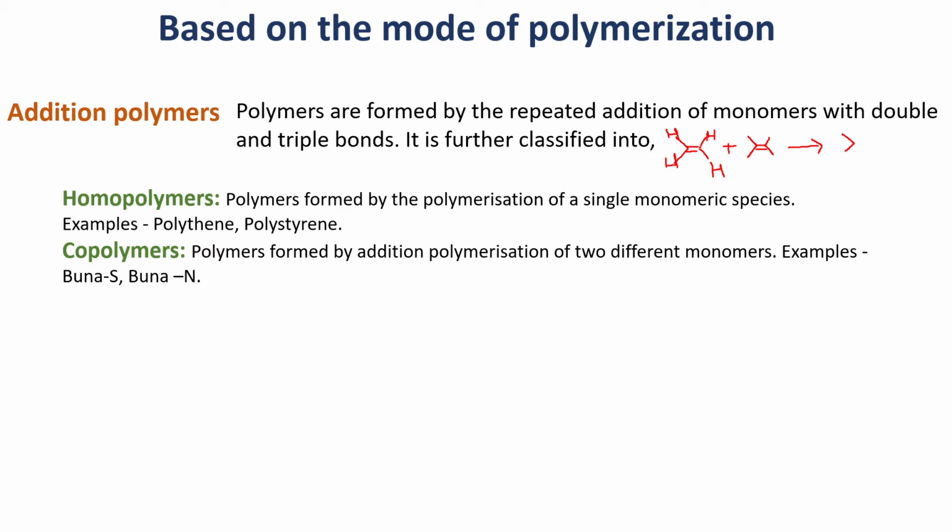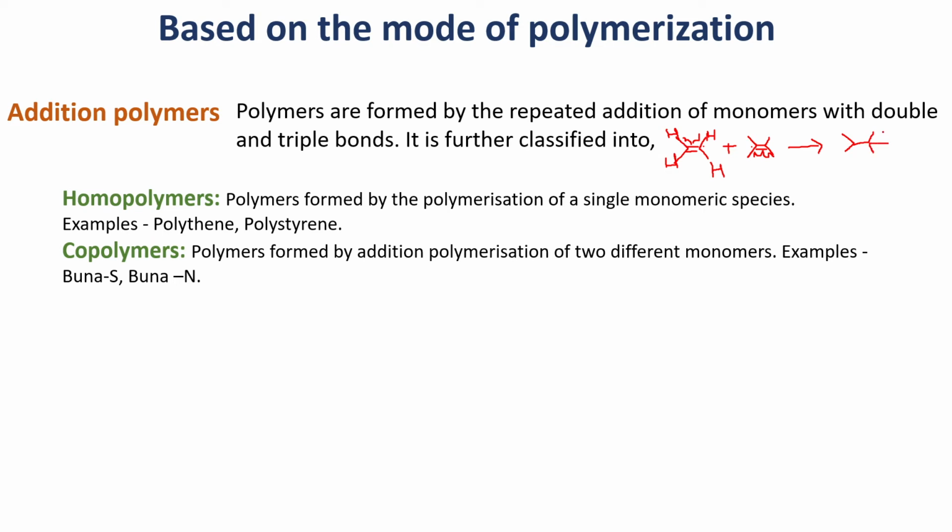How will this combine? In addition polymerization these two will add. For example, the double bond will break homolytically over here and over here. So the radical generated over here will couple with the radical generated over here. That means it will form a structure like this.